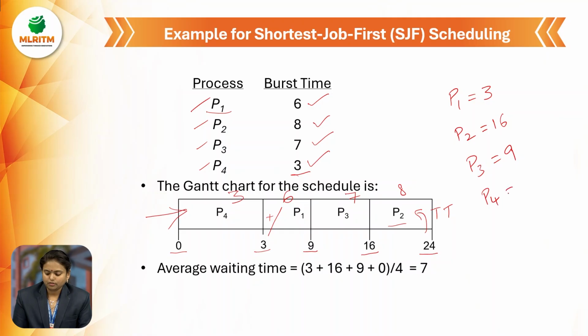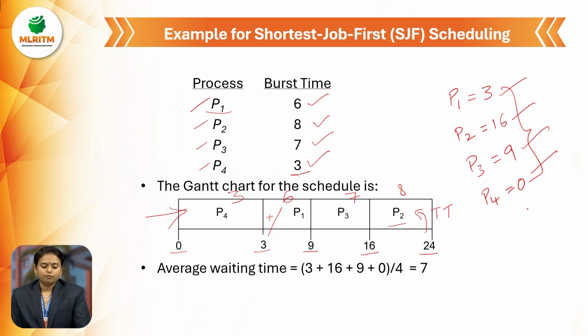And P4 is 0. So you need to add these to get the average. Average waiting time is 3 plus 16 plus 9 plus 0, divided by 4. Why 4? Because we have taken 4 processes. So now you will get the answer, 7.